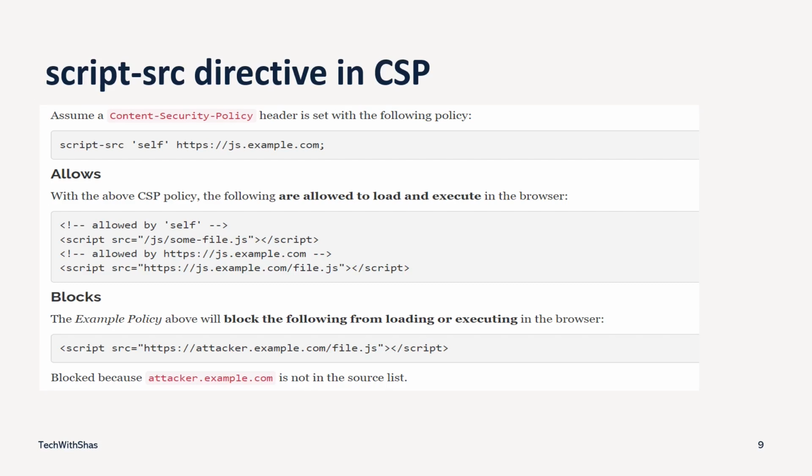For example, suppose you want to secure your JavaScript. In the meta header, you can add script source, then self, and whatever URL you trust.